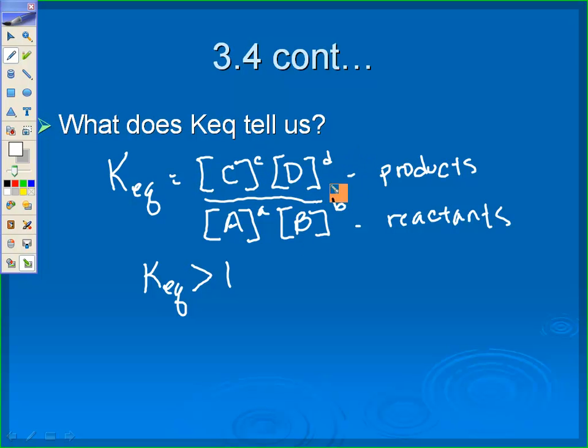So your top numerator portion is bigger than your bottom number, which means you have essentially more products than you do reactants. So we're going to say, because you have more products, products are favored at equilibrium.